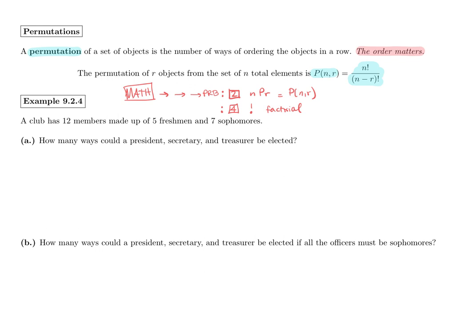And when we learn about combinations later, I believe that's in the next video, we're going to go in here in math, arrow over to probability, and it'll be number 3. So we're going to use multiple operations within this menu. This is where having a TI-83 or 84 is going to be really important.